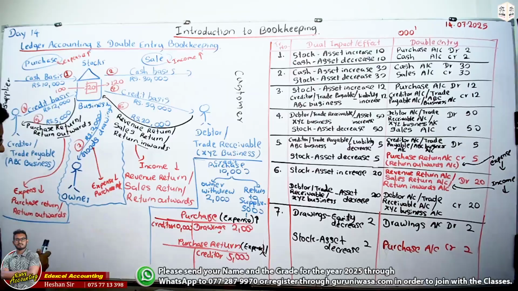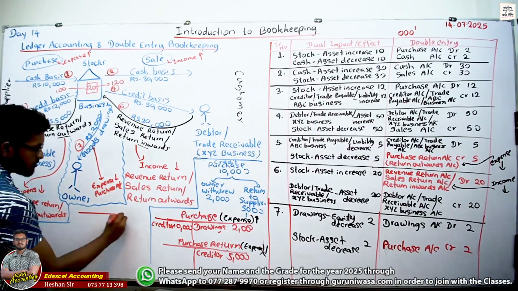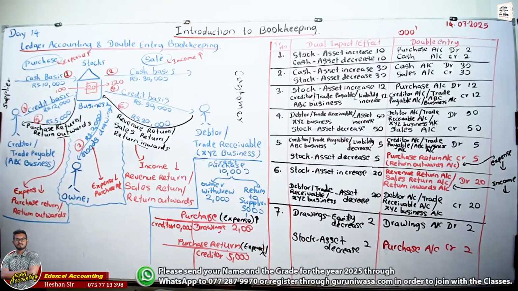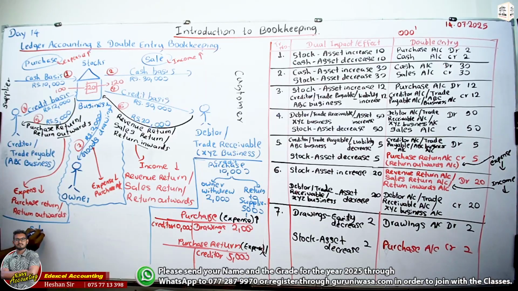Now, if I take the purchase sales account, you can think like this: sales 30,000. Out of this, credit sales 30,000.